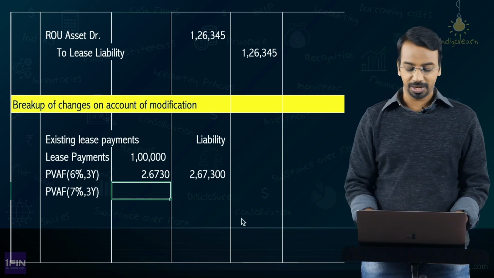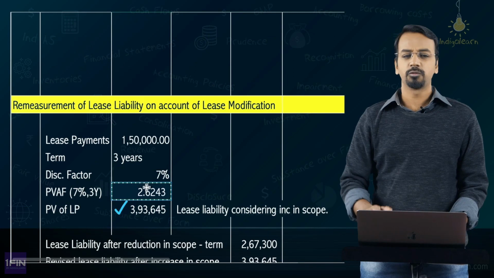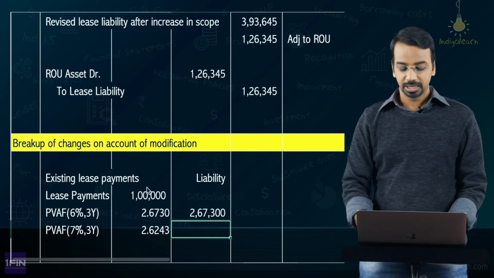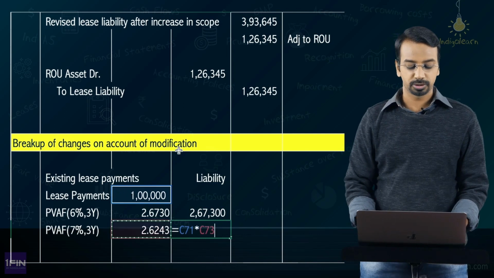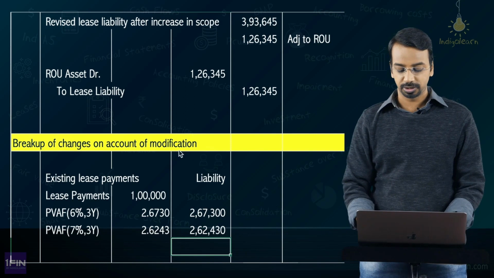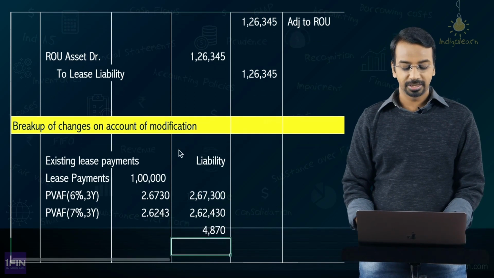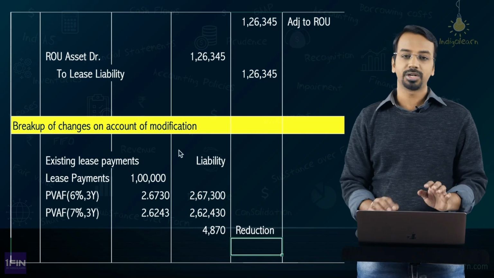So, if you give that impact, what will be the present value factor? We had calculated it here, 2.6243, not a major difference, but still there is a difference. Now considering this, the lease liability will be 1 lakh multiplied by 2.6243, you get 262,430. What is the difference between these two? The liability has reduced by 4870. So there is a reduction to the extent of 4870.